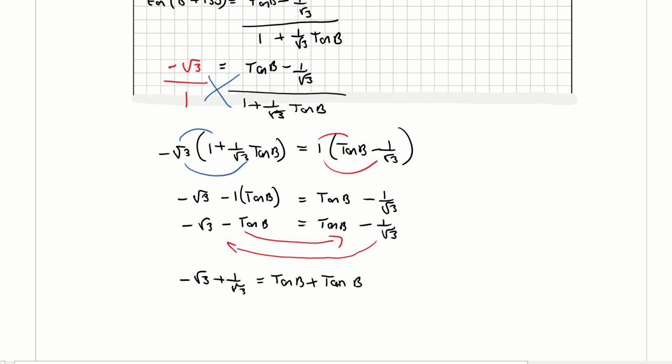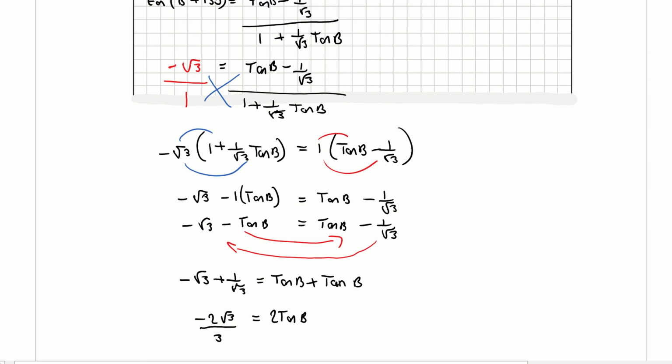So minus root 3 plus 1 over root 3 is giving me, let's see, minus 2 root 3 over 3. And tan b plus tan b is 2 tan b.